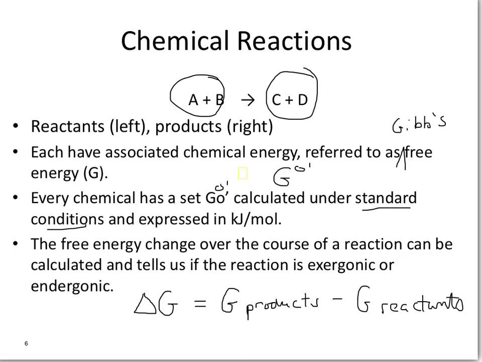In this case, the free energy of C plus D minus the free energy of A plus B. That's what we mean by that. We can calculate the free energy change inherent in the reaction over time. And these ideas of free energy are essential in understanding cellular metabolism.